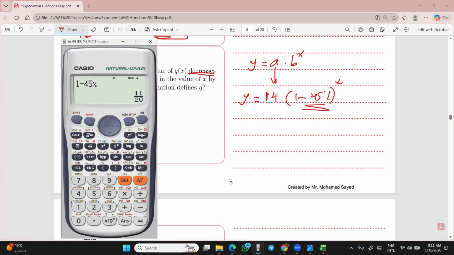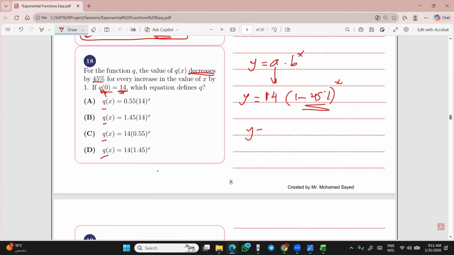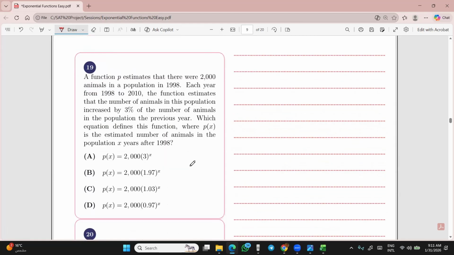And you can get the answer as the decimal 0.55. So the equation should be y is equal to 14 times 0.55 raised to the power of x, which is given here, letter C. That's how to write the interpretation or the equation itself.